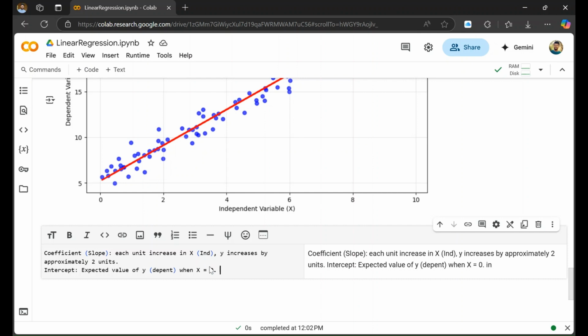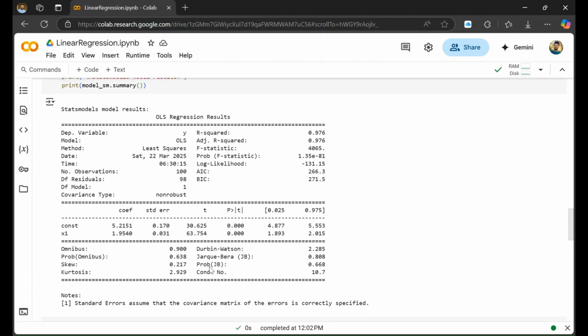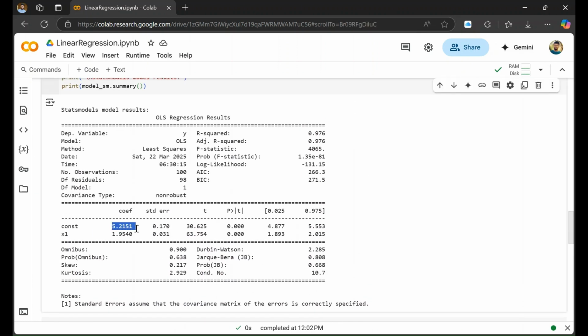In our case, it is approximately equal to 5, the true intercept given by the model. So here the intercept is this constant, 5.21.